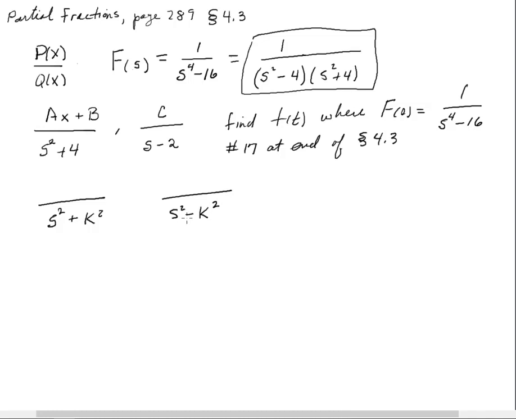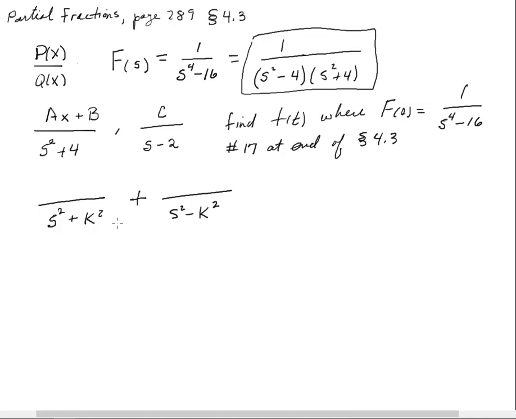So if I keep that in mind, if I had a sum of partial fractions where these were the denominators, then I could use the table on the inside front cover and I could come up with the function that this is the Laplace of.